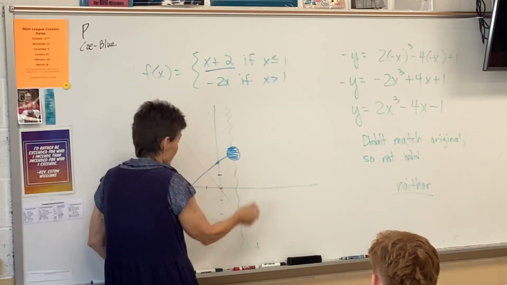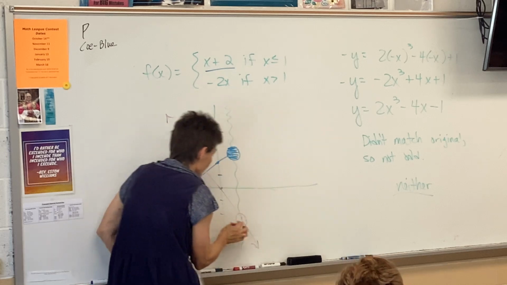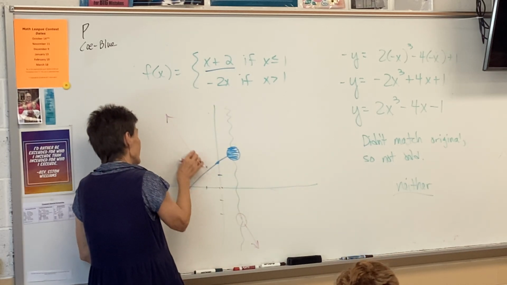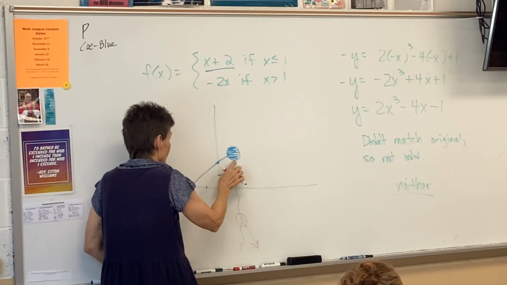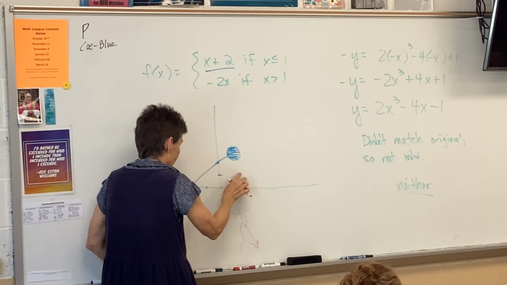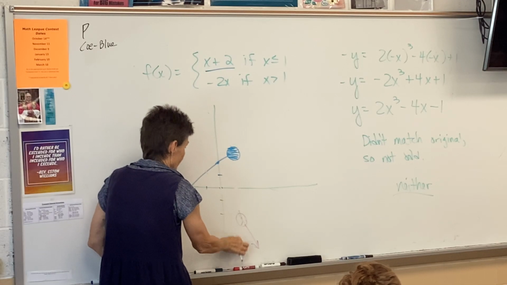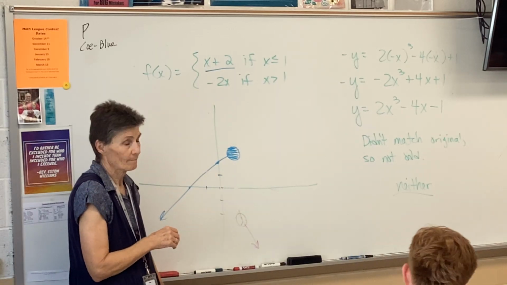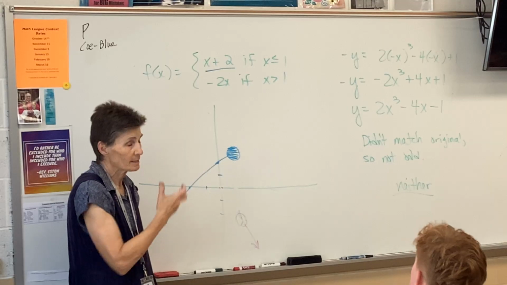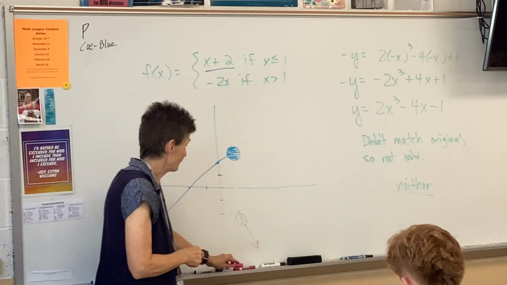I'm going to keep this part of it and erase this part of it. I can get rid of this if I want. And there it is. Can you keep the line? It's not an asymptote. It's where the picture is from.